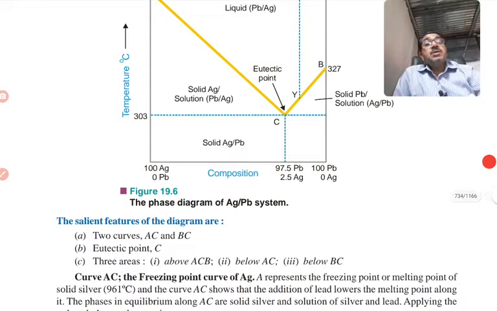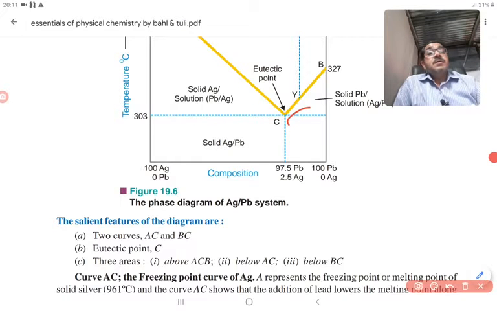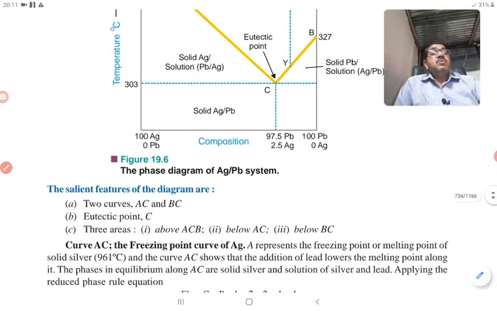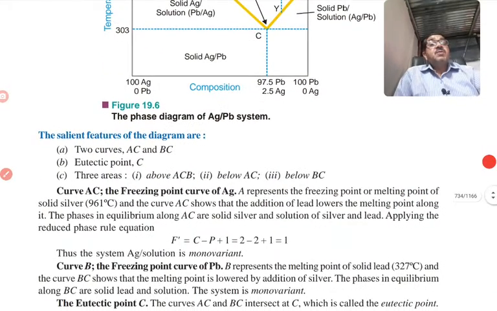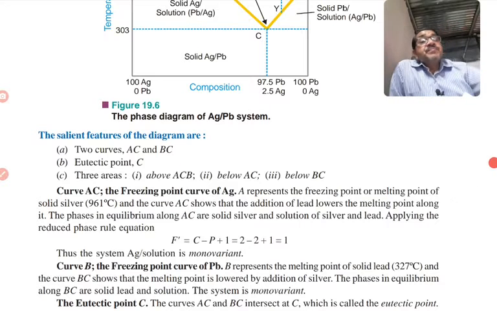Then there are three areas: above ACB, below AC and below BC. So this is the three-area consideration, which we have to see one by one. Now let us see curve AC, the freezing point curve of Ag.